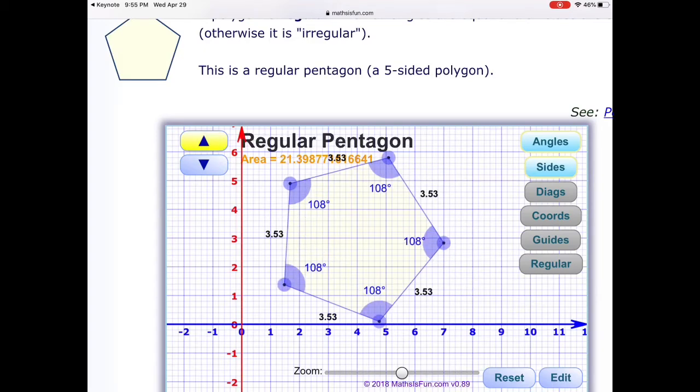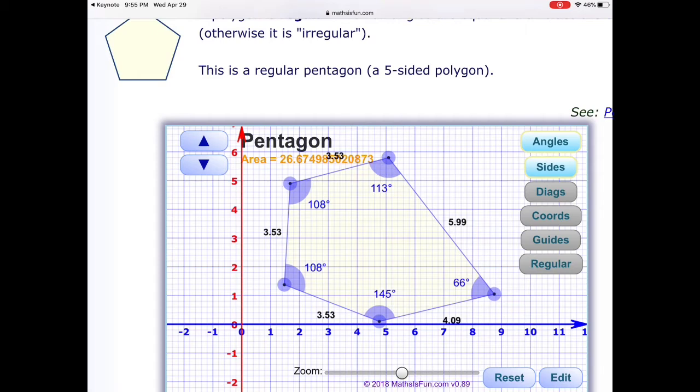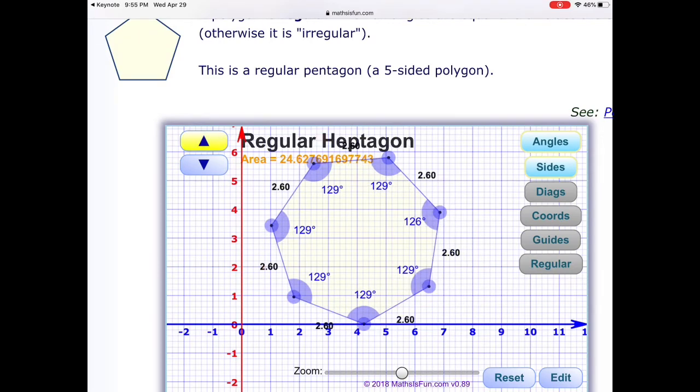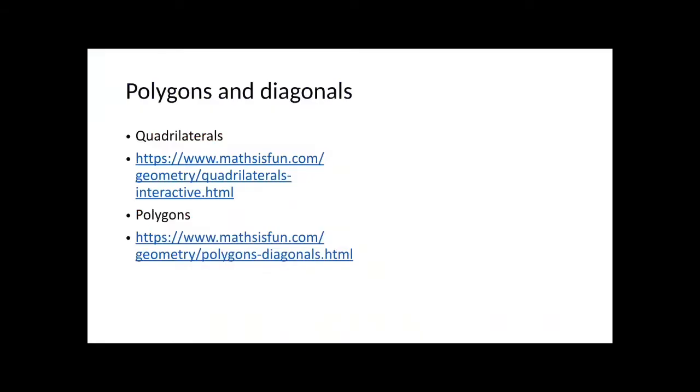We can have a regular polygon or an irregular polygon, and so on and so forth. When all of the sides are congruent and when all of the angles are congruent, it would be a regular polygon.